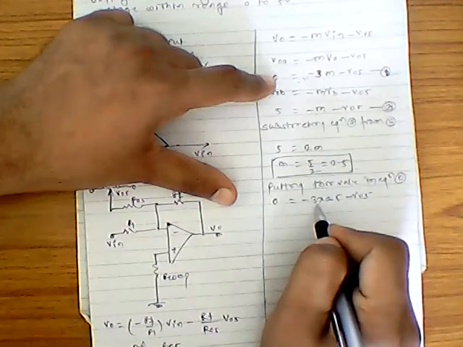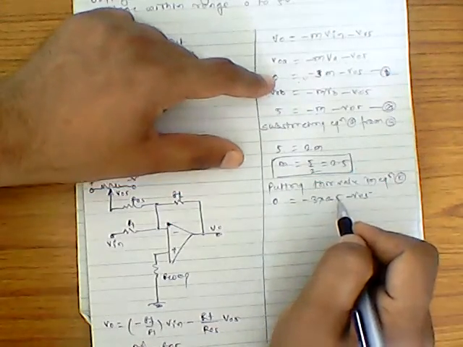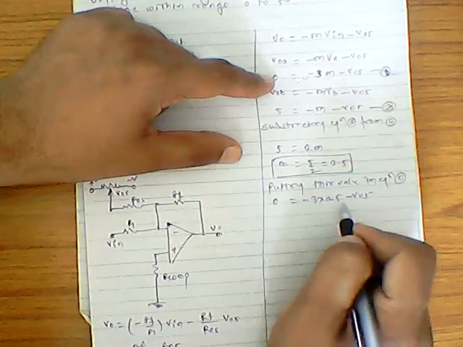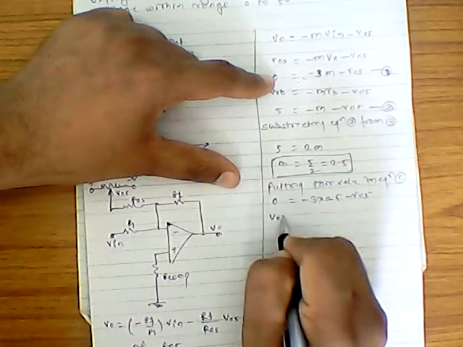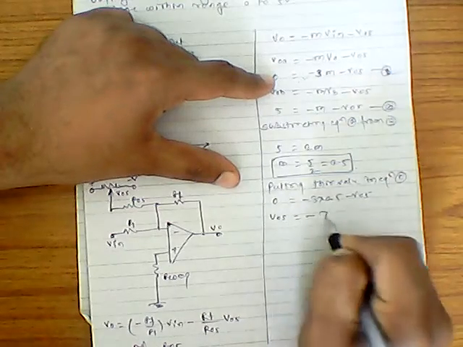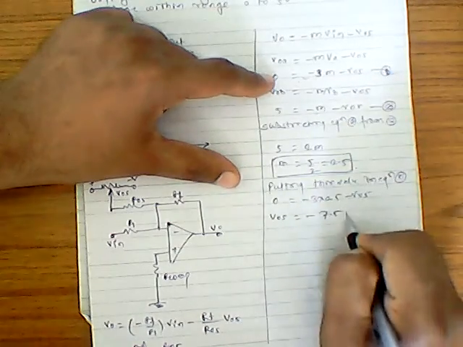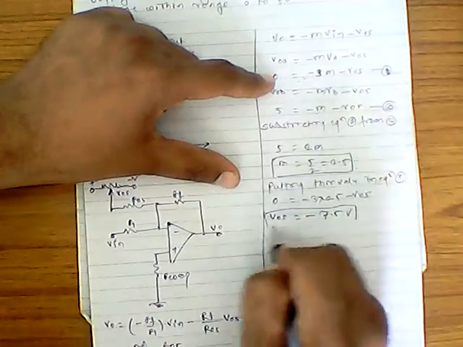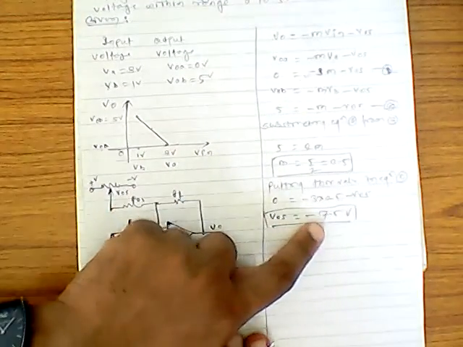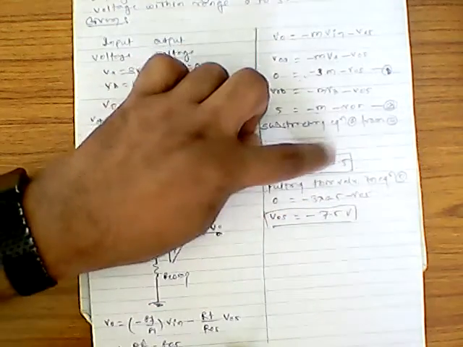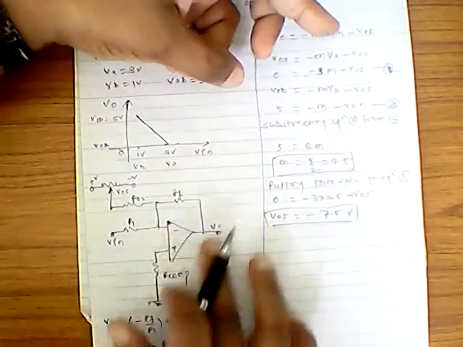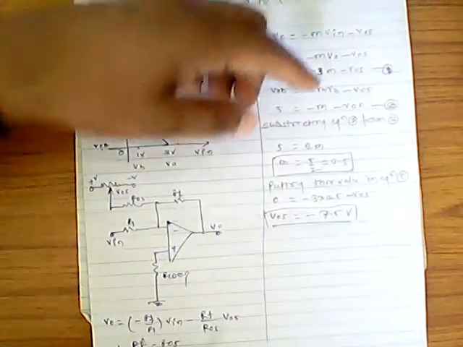So 2.5 into 3, that is going to be 7.5, and if this factor comes on this side, it will become plus. So we'll get VOS is equal to minus 7.5 volt. So by adjusting VOS is equal to minus 7.5 volt and M is equal to 2.5, we can get corresponding input and output.